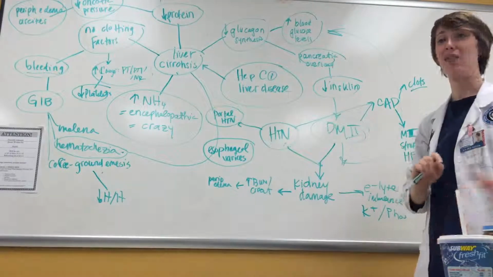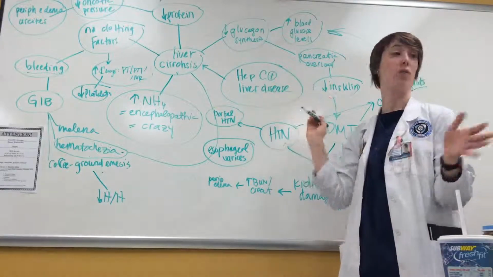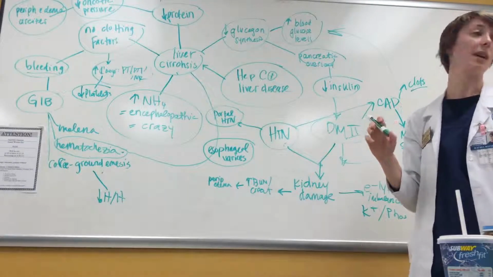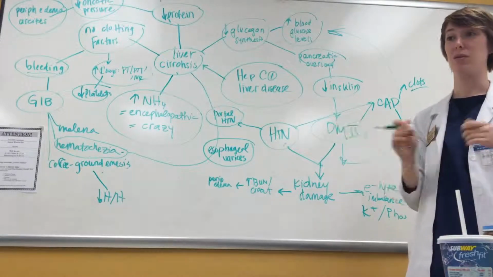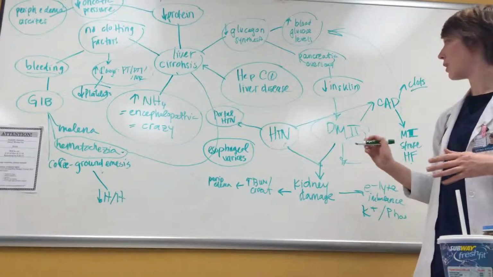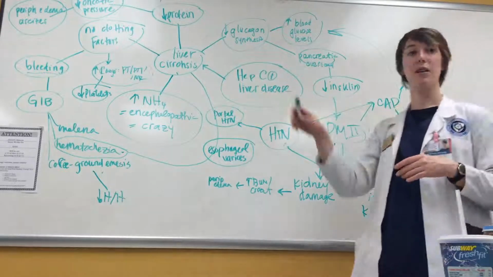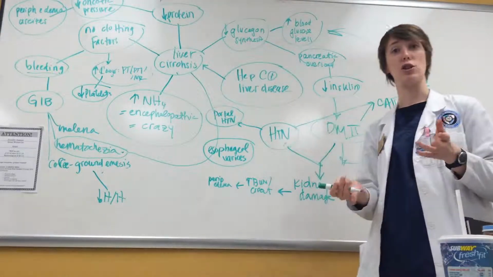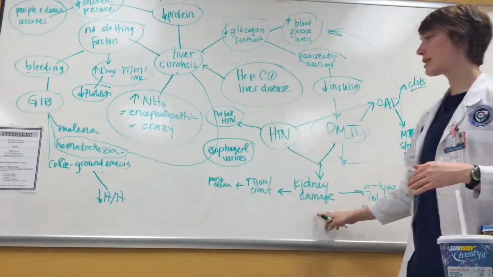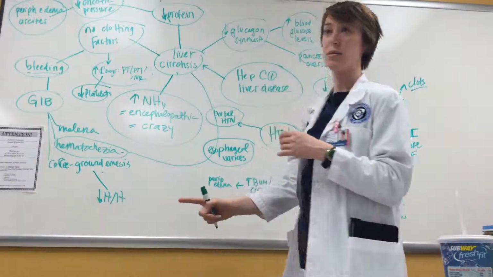But I see this like every other day. Usually it's alcohol, sometimes it's hep C, sometimes it's autoimmune or non-alcoholic steatohepatitis that is completely not because of a behavioral factor. Sometimes it's just hereditary poor liver. If you have a patient who has a lot of stuff going on, I encourage you to make one of these, because this is going to help you explain every single peripheral sign and symptom that you see.